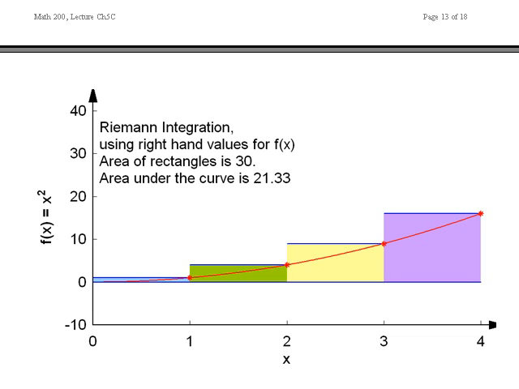Here is the same function, the same curve, and the same partition, but now I am using the right-hand values for f of x. So on this interval, I went up here and I grabbed the value of the function on the right-hand side, and that created this rectangle. For the subinterval between 2 and 3, I went up here on the right-hand side and grabbed the value of the function.